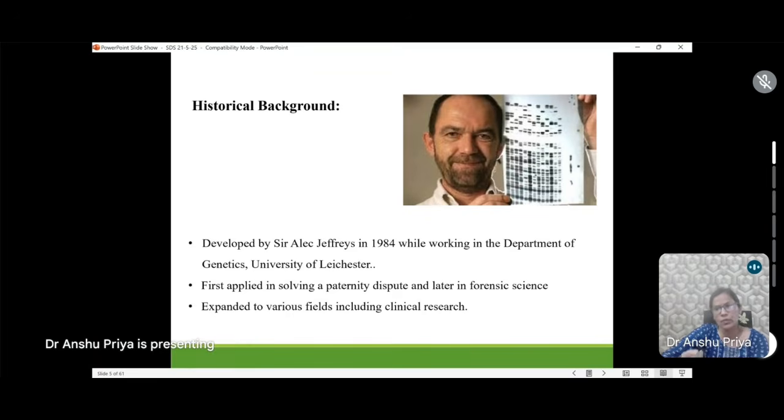They thought it could be used as an identification tool, and later they named it DNA fingerprinting. The first case solved by this technique was a disputed paternity case, and later on this technique was used in various areas of forensic science. It is not limited to forensic science, but is also used in various fields of clinical research.